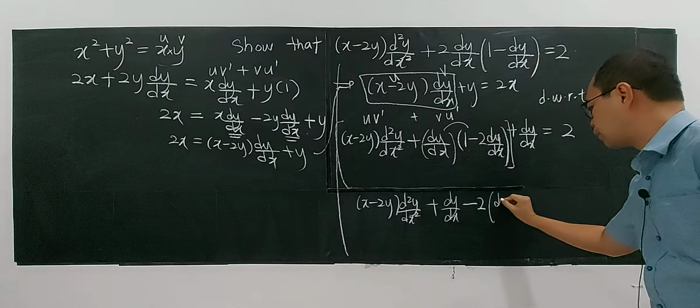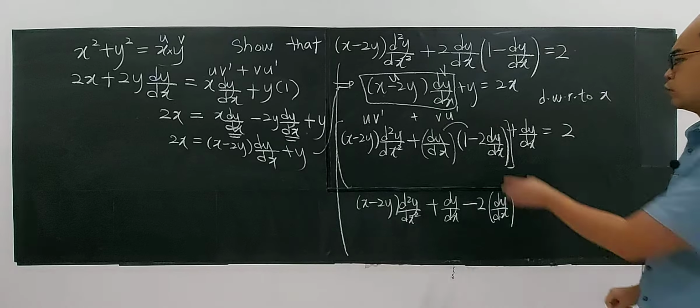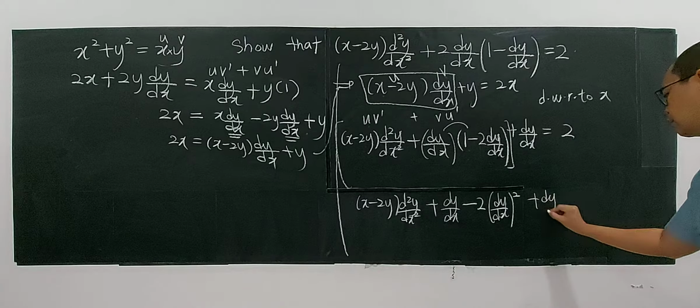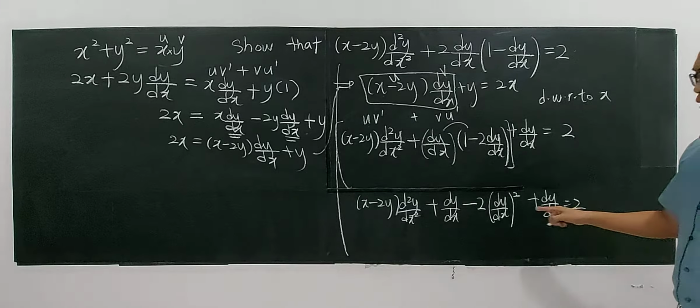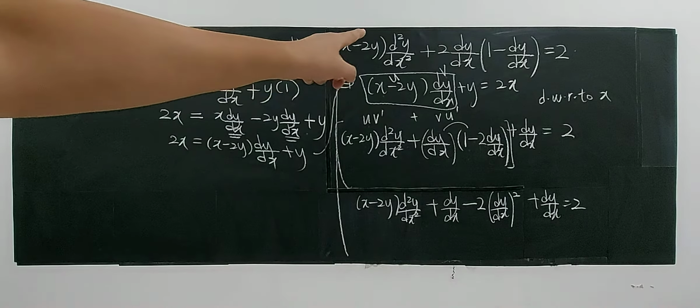This is dy/dx to the power of 2. It's not d2y/dx2, it's not differentiating, it is a power of 2. Then plus dy/dx equals 2. I think just a little more and I can reach the final result that I want to prove.